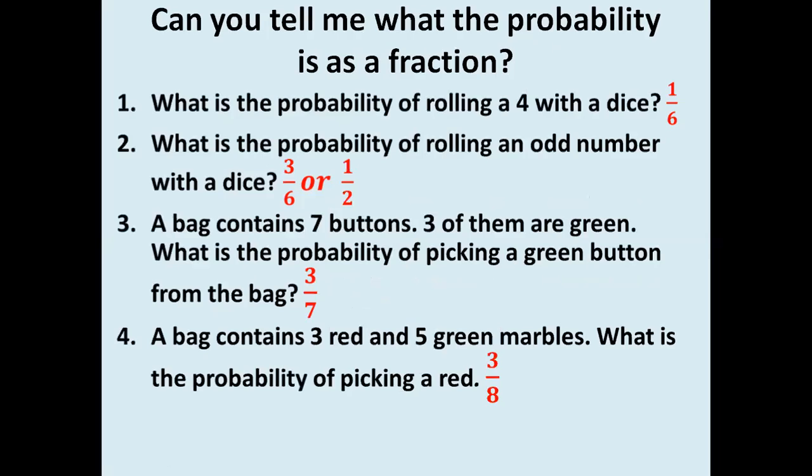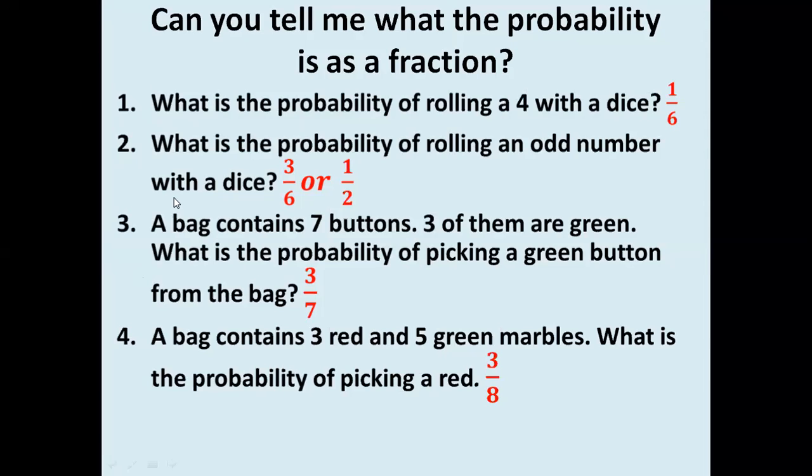These are some other fractions. What is the probability of rolling a 4 with a dice? It's again 1 over 6. What's the probability of rolling an odd number with a dice? How many odd numbers do we have in the dice? 3 odd numbers, which is 1, 3, and 5 out of 6.